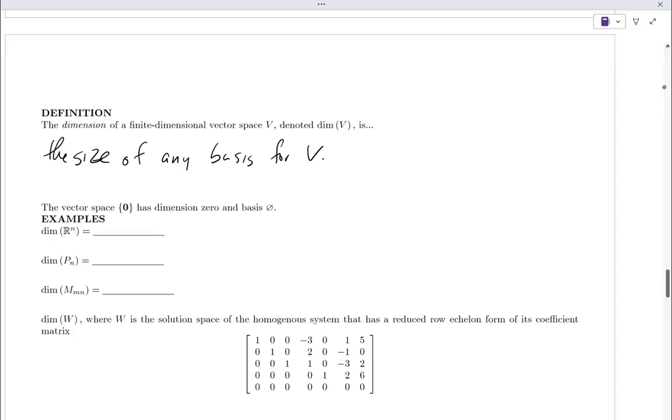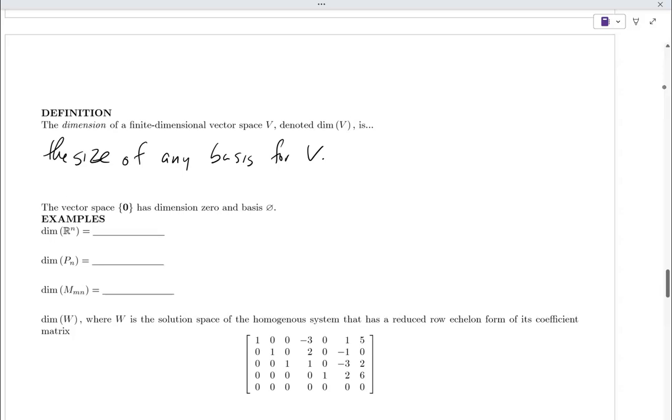Because if we start with one basis, any set that's bigger can't be linearly independent, and any set that's smaller can't span. So if it's going to be both linearly independent and span, it has to have the same size as the basis that you already have. It doesn't have to be the same basis, it just has to have the same number of elements in it.